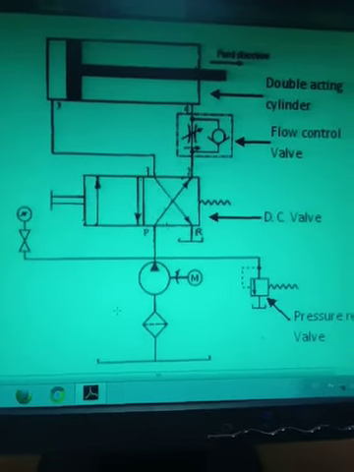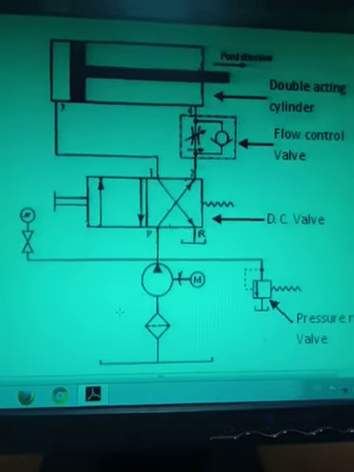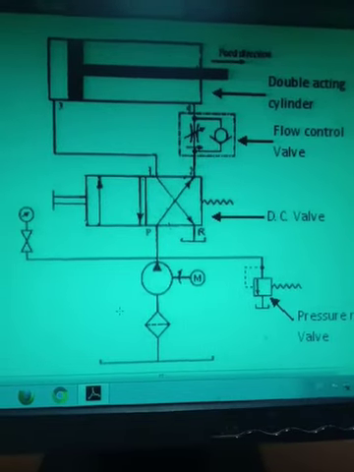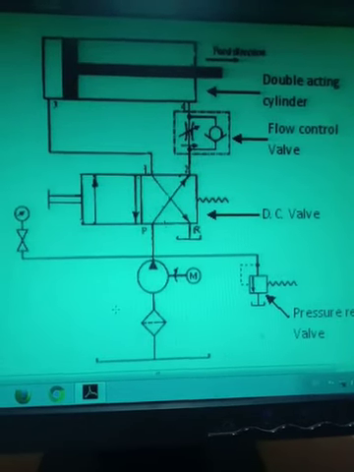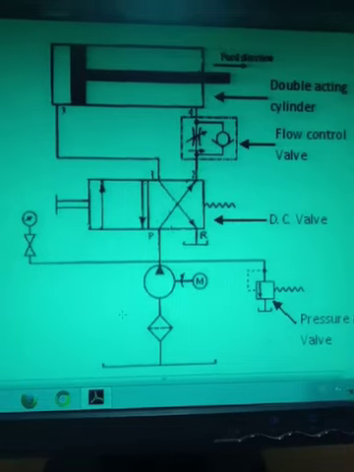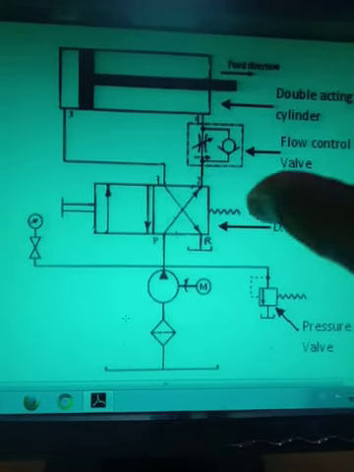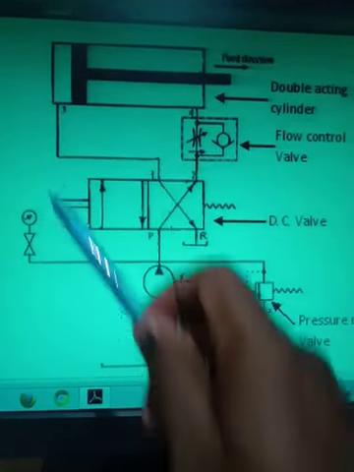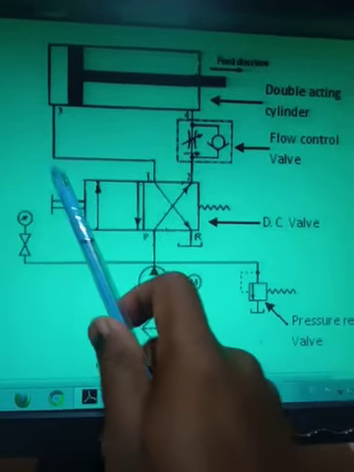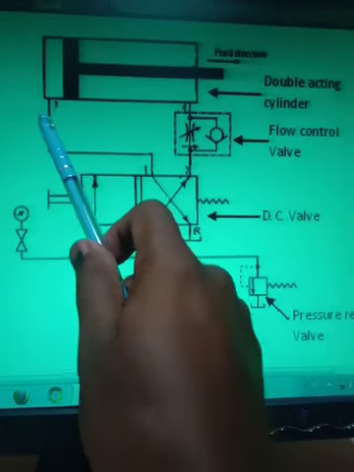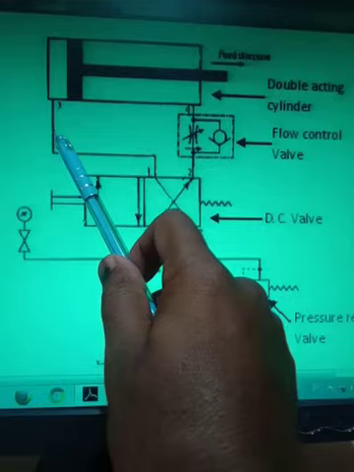Understand? This will happen in the first position. It means I did the same thing as in the meter in hydraulic circuit. In the meter in hydraulic circuit also I controlled the speed during the forward stroke, but in that case the flow control valve was fitted at the inlet. Understand?